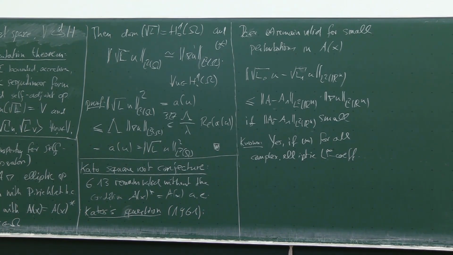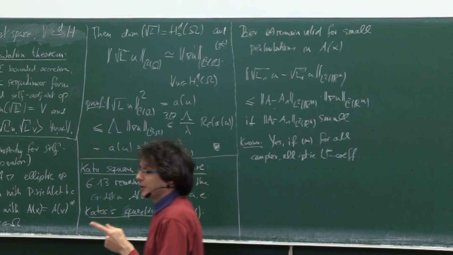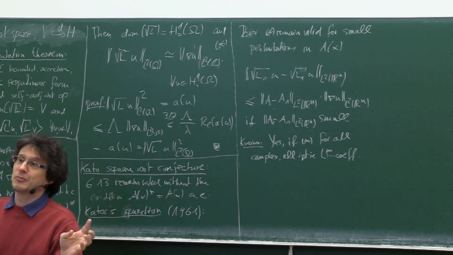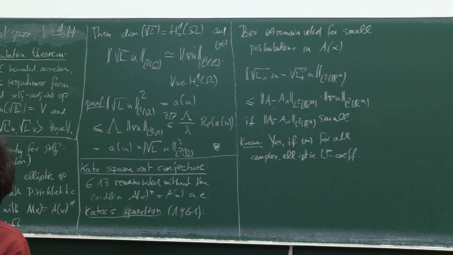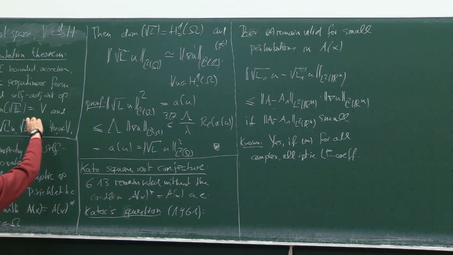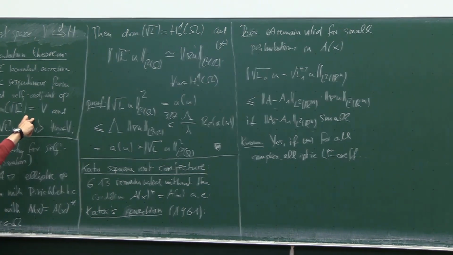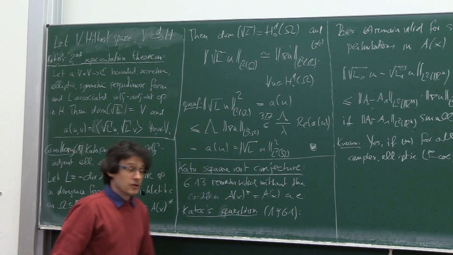So you will not get this proof working. Because what you do at some point is you have the square root of L star, you put the square root of L to the other side, you have a star and you say, okay, this is self-adjoint, so there is no star and everything is fine. But for the general case, you have a star here, and once you have a star here, you cannot conclude.